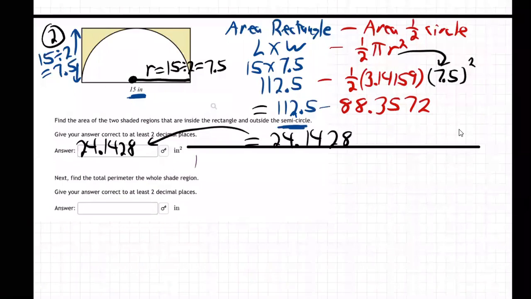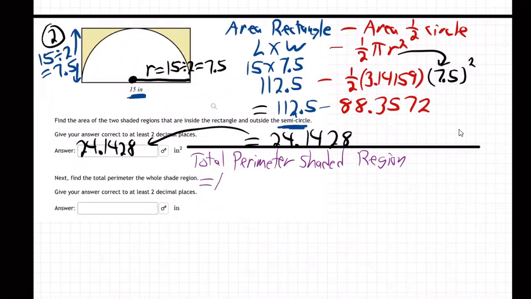So total perimeter of the shaded region equals add all edges around the shaded region. So I've got to walk around the shaded region and add up all the edges.